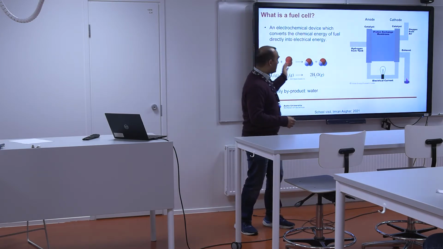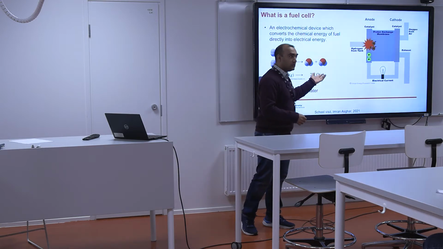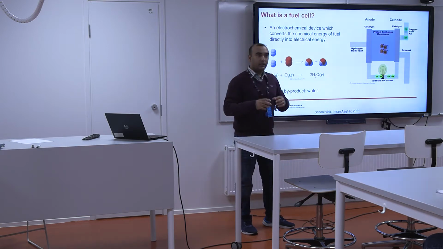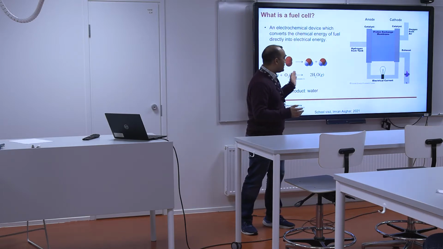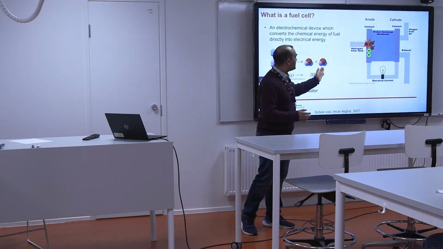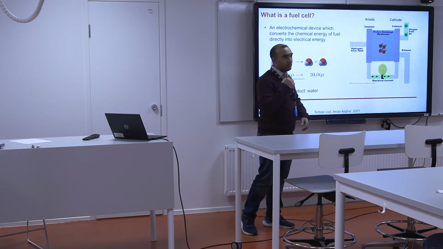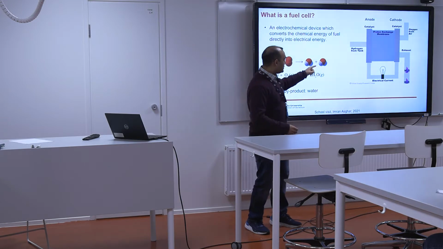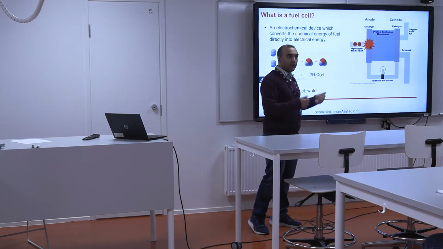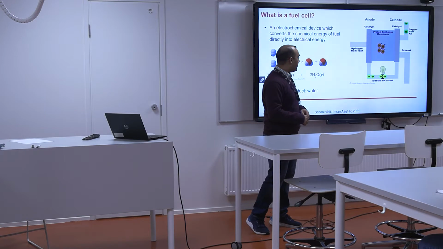So when this hydrogen gas comes to the anode, which is an electrode, it splits into hydrogen ions and passes through this proton exchange membrane. Electrons cannot pass through it because it's an electrical insulator. So electrons pass through the external circuit, where we have the least resistance, the electrical wires.